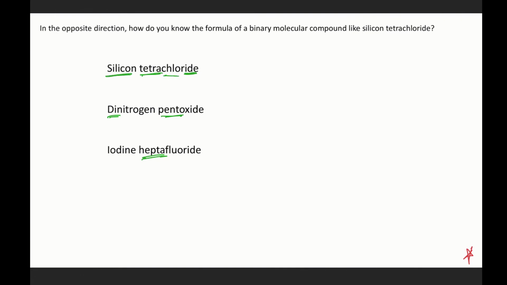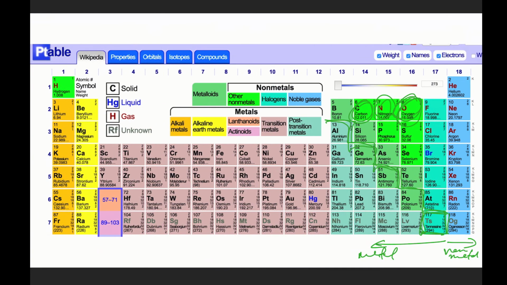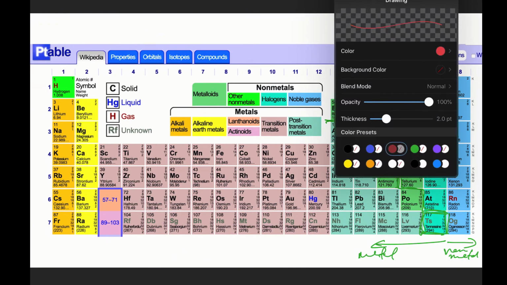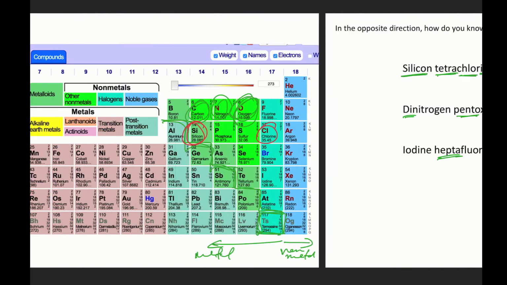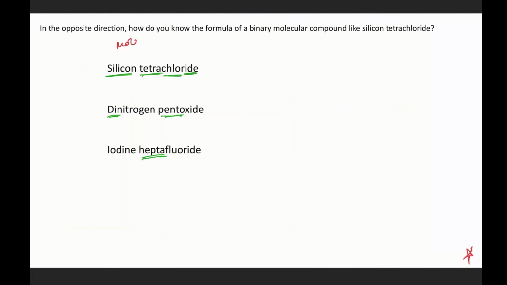So this is made of silicon and some chlorine. If we go back and look here, silicon and chlorine are nonmetals, which means that it's molecular. So that's really what you need to do. You can't use that ide as your marker here. We need to figure out, is it a metal and a nonmetal or two nonmetals? Once we know it's two nonmetals, now we're just going to write what it tells us to write.